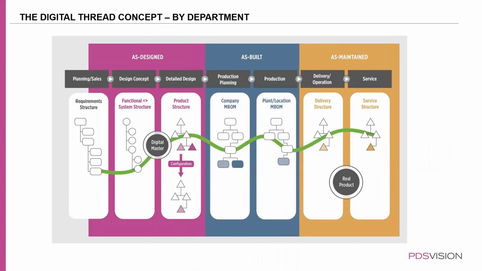So this graph is just showing the pipeline that goes through that. It's a philosophy that leads to reduced time to market, reduced downtime in production, reduced costs, and increases overall manufacturing efficiency. So that's just some background about myself and PTC and PDSVISION.